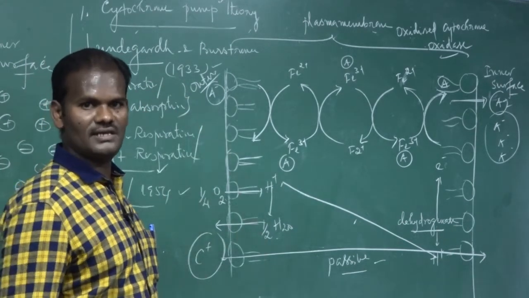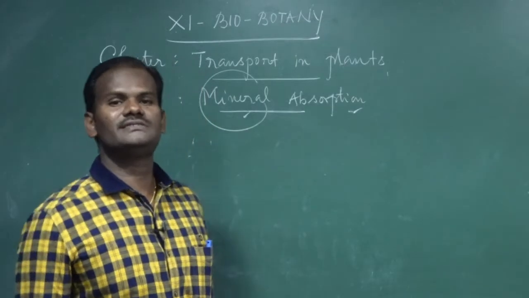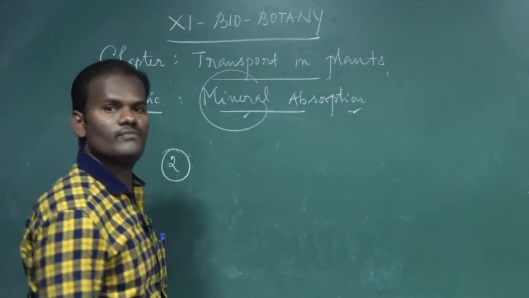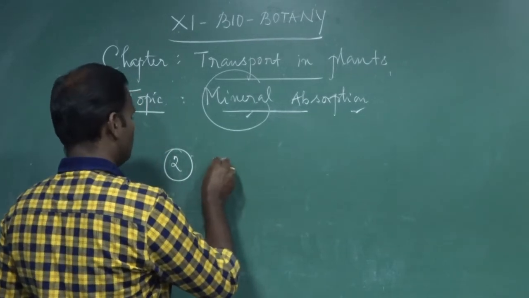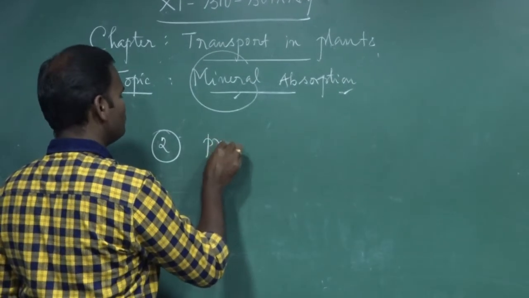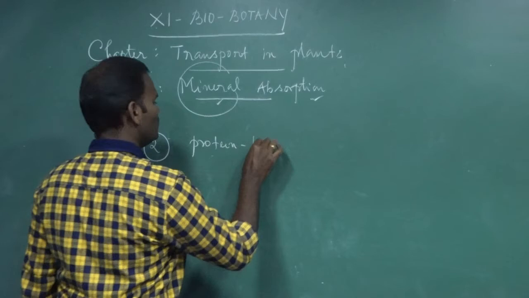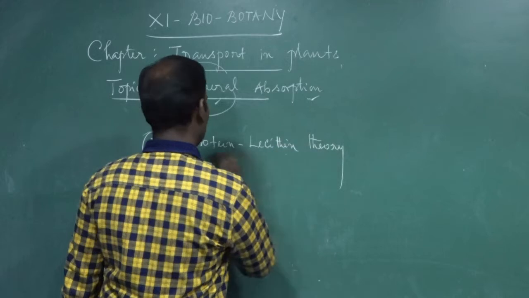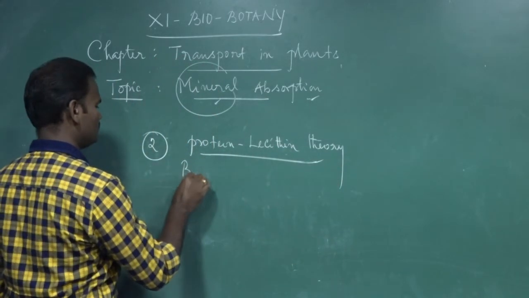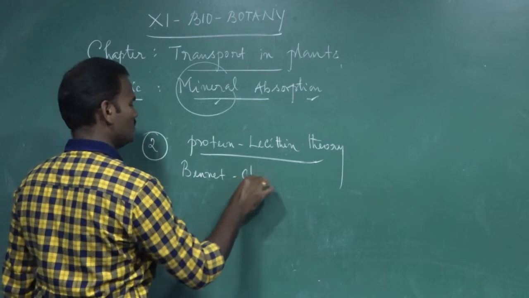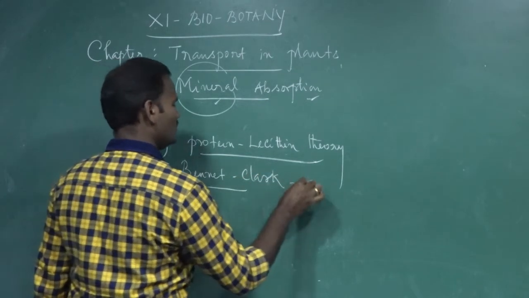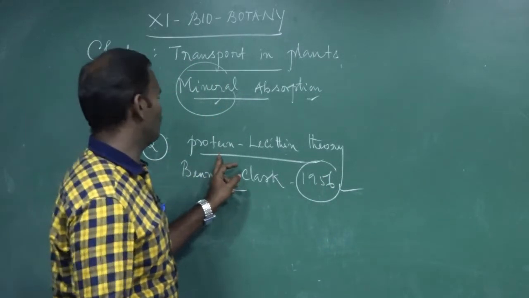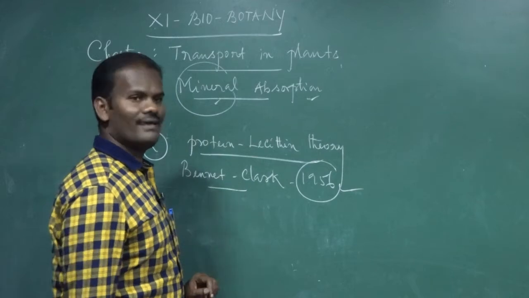Another theory is the protein lecithin theory, the second theory of the carrier concept. It was proposed by Bennett-Clark in 1956 to explain the carrier concept.